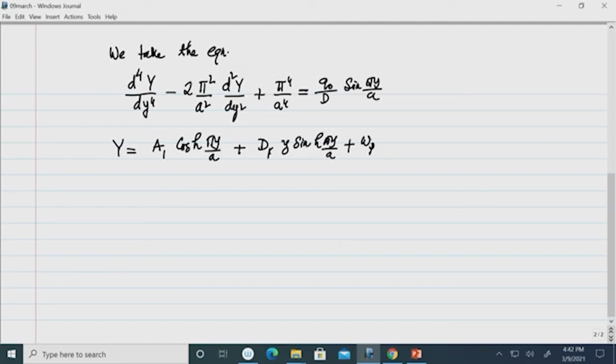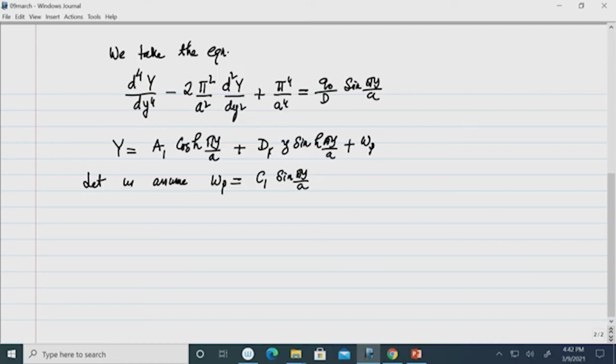Now, because the forcing function is again a sinusoidal function, let us assume the particular integral as some constant c 1 sin pi y by a.